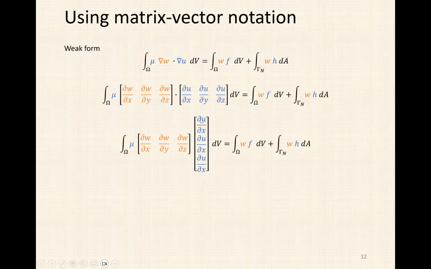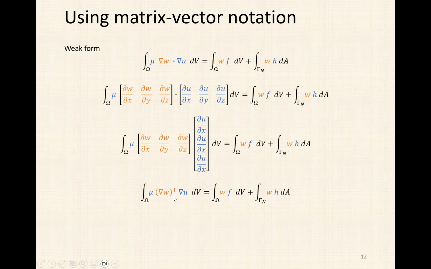So in matrix vector form, we have del w transpose multiplied by del u. On the right hand side there is no change because they are just scalars.